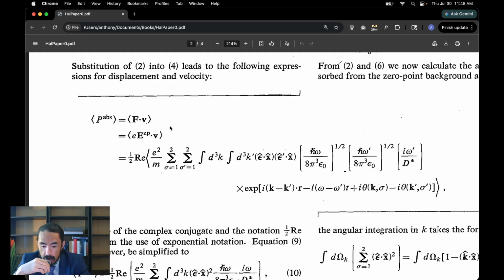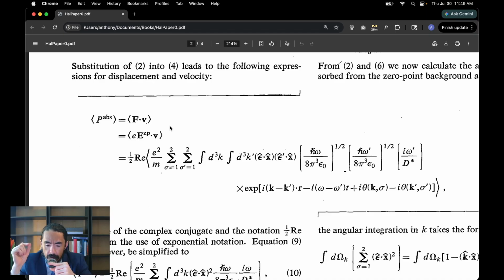Then we have times the square root of the fraction with a numerator of h bar times omega prime over a denominator of 8 pi cubed times epsilon naught. Then times the fraction with a numerator of I omega prime over a denominator of capital D star. Star, of course, here denotes taking the complex conjugate, so we're going to negate the imaginary component, and D is that shorthand from equation 7.